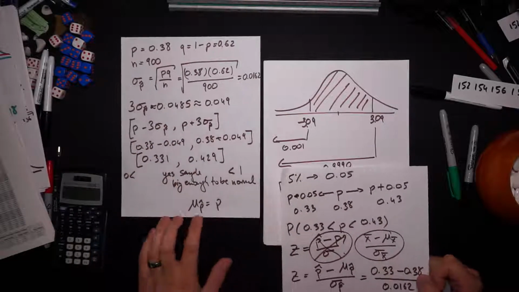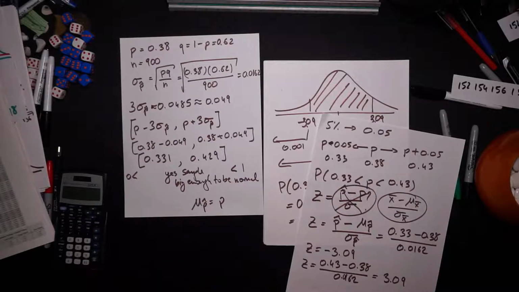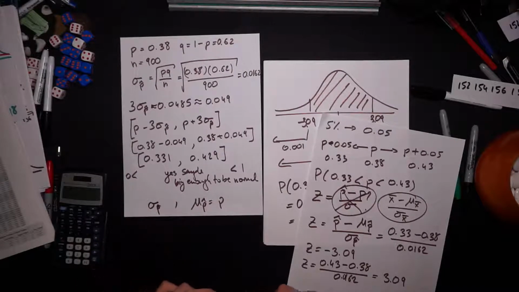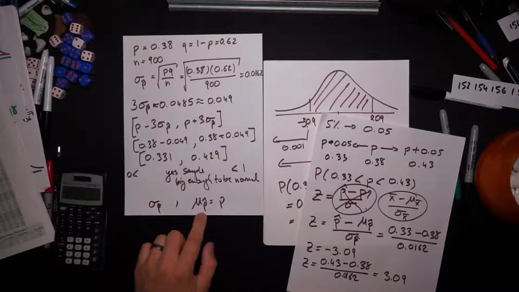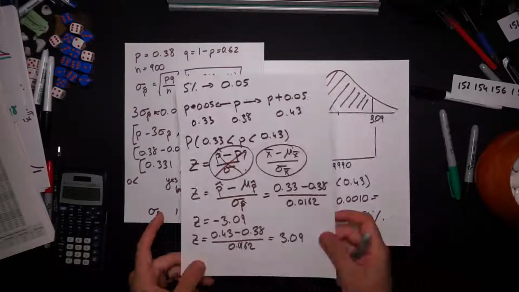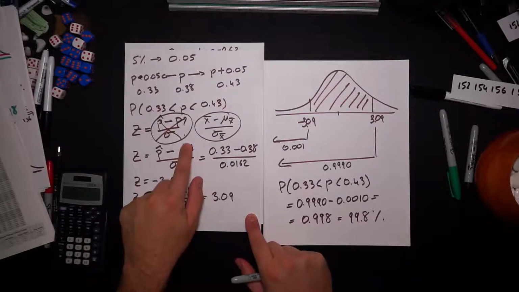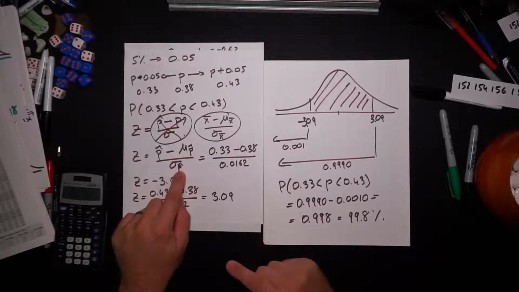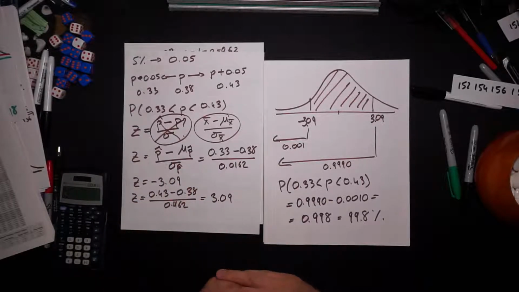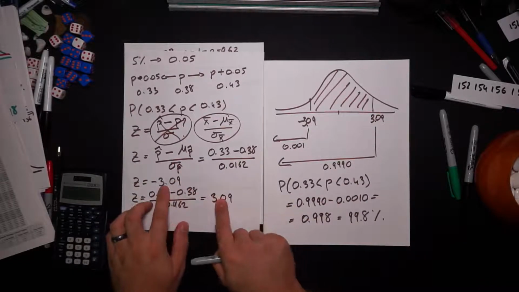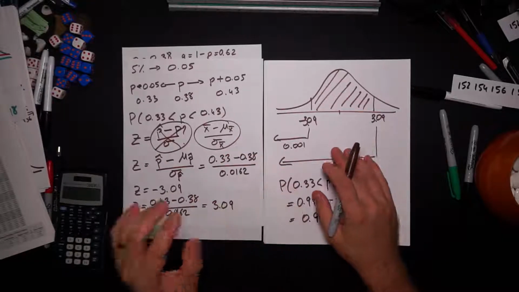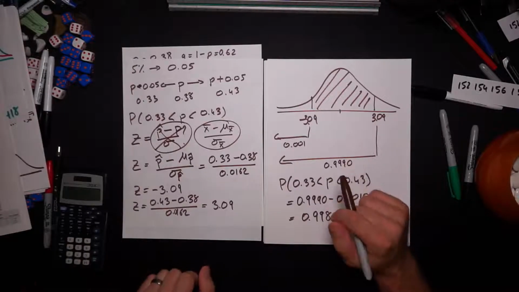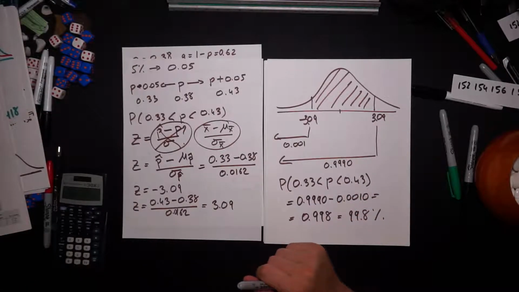Once we have this, we know those two, which means we can use this z, P hat minus mu P hat divided by sigma P hat, and we just do it this way. And once we have z-scores, it's just the table. So that's example 7.